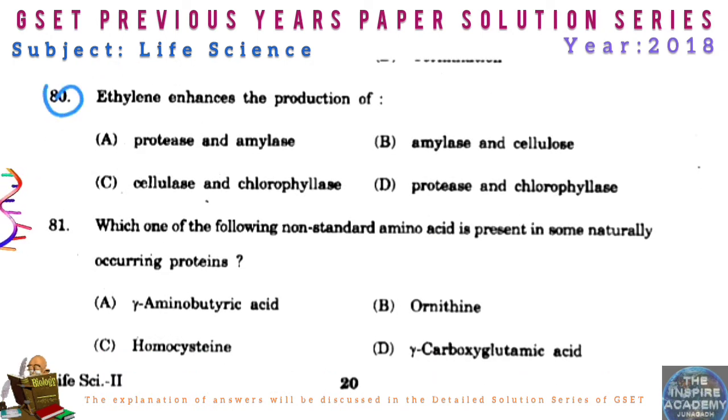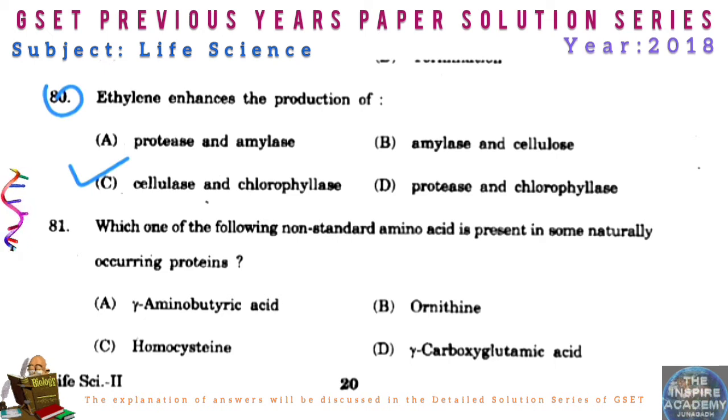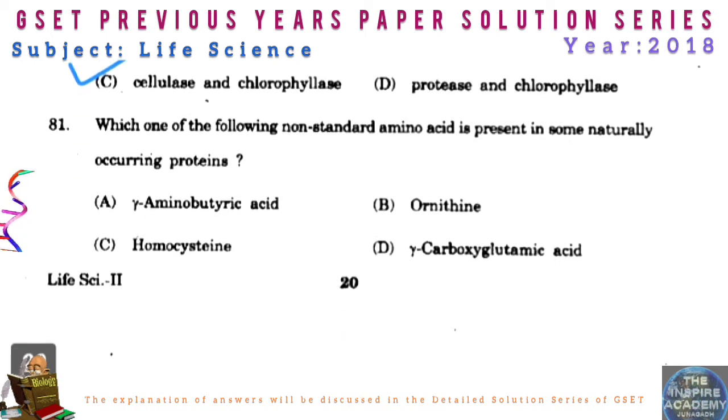Question number 80. Ethylene enhances the production of cellulase and chlorophyllase. Question number 81. Which one of the following non-standard amino acid is present in some naturally occurring proteins? Gamma carboxyglutamic acid.